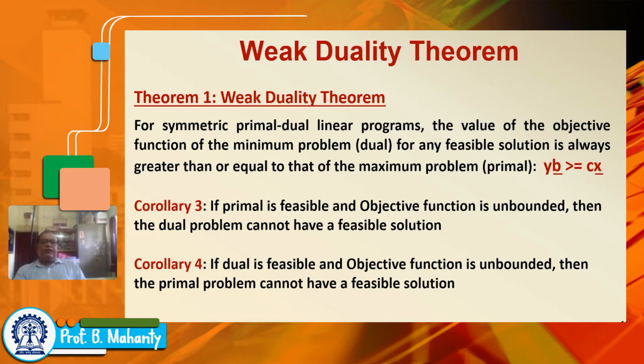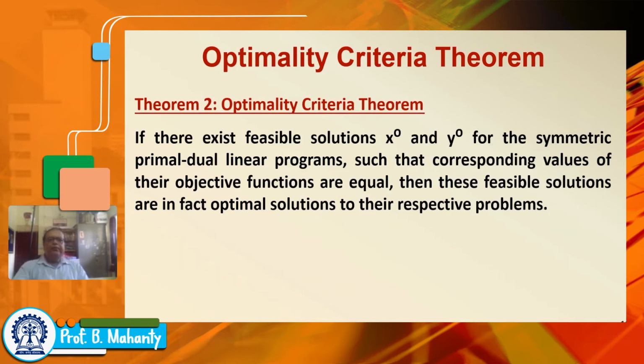For symmetric primal dual linear programs, the value of the objective function of the minimum problem for any feasible solution is always greater than or equal to that of the maximum problem, that is YB should be greater than or equal to CX. And there are 4 corollaries which are connecting those problems with one another.